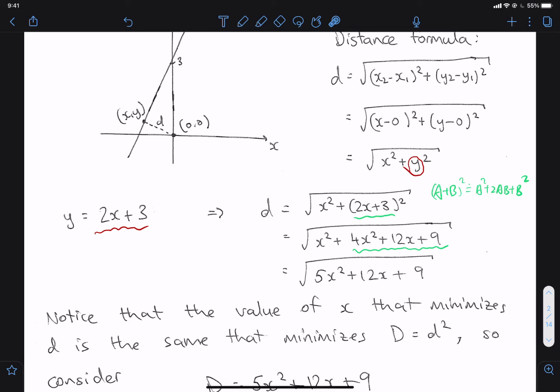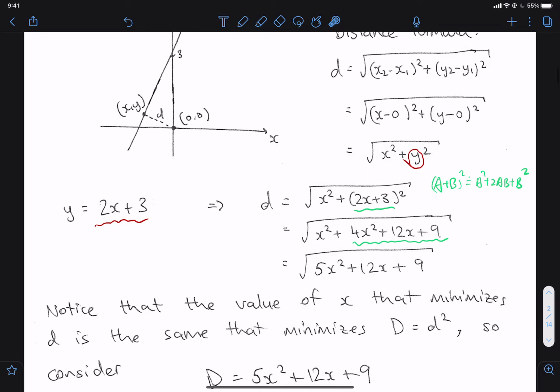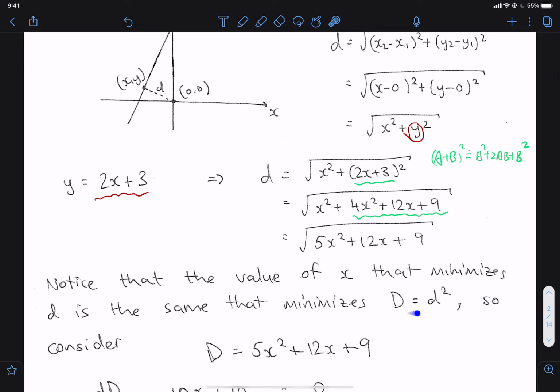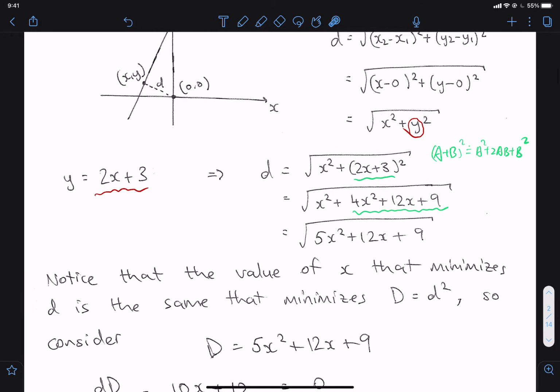That means the smaller d squared is, the smaller d is. So they're the same thing. To minimize the distance d is the same as minimizing d squared. So that's why we have this expression here. Denote d squared by capital D. So our next goal is to just minimize the capital D, the d squared.